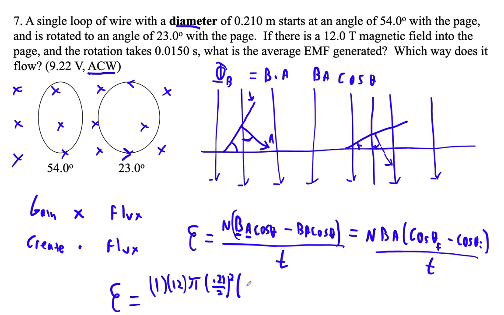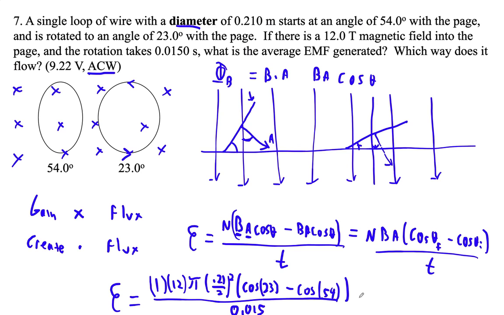And then it's going to be the final, so cos 23 minus cos 54. And then this is all divided by 0.015. Okay. So I think we've got it here.